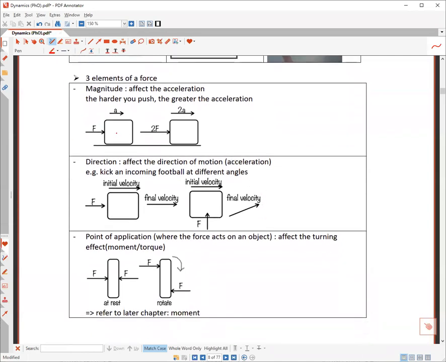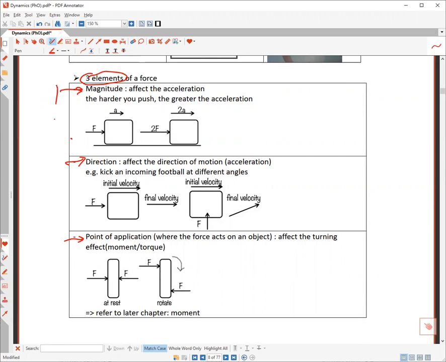And then there are three elements of a force. What do I mean by three elements? To define a force, you need to specify its magnitude, its direction, and also its point of application.